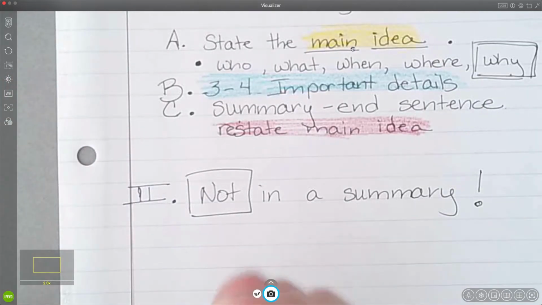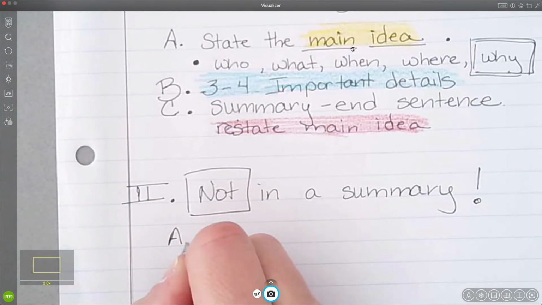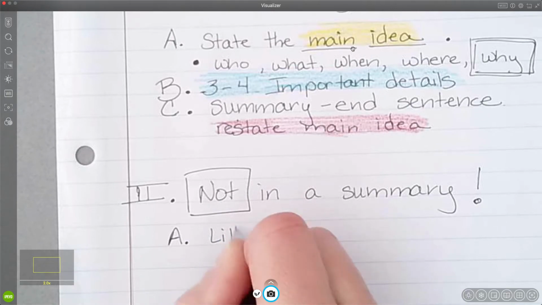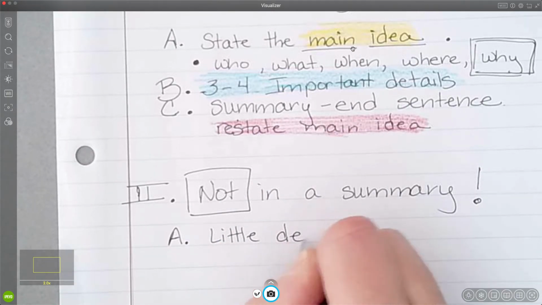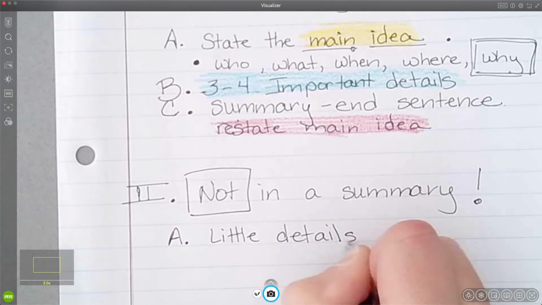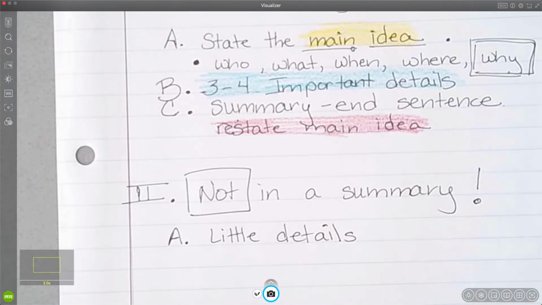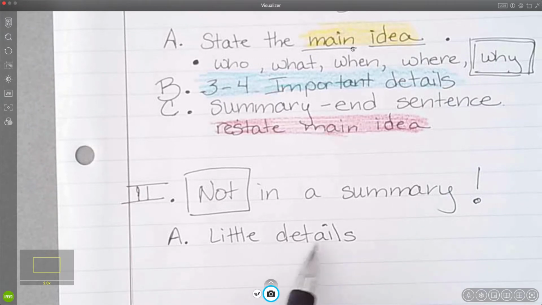Okay, so letter A. Little details are not in a summary. A summary basically means that it's short, it's brief. So little details do not belong in a summary.